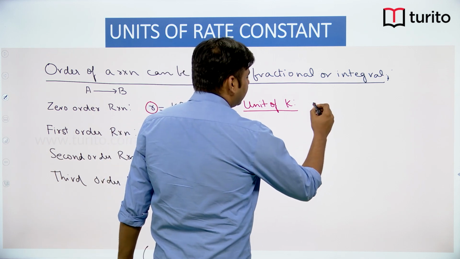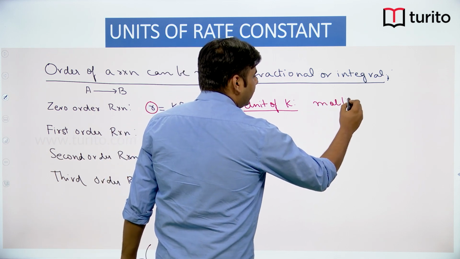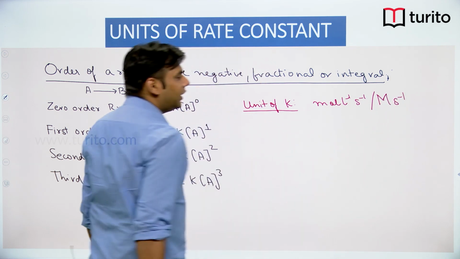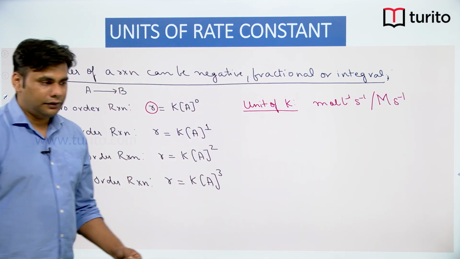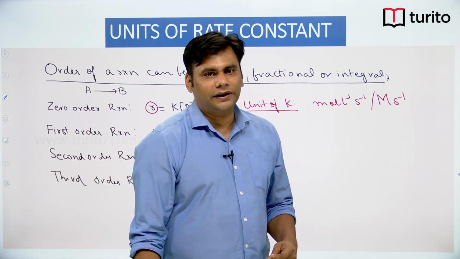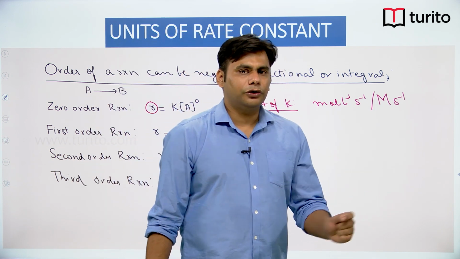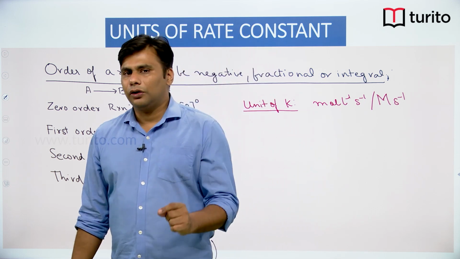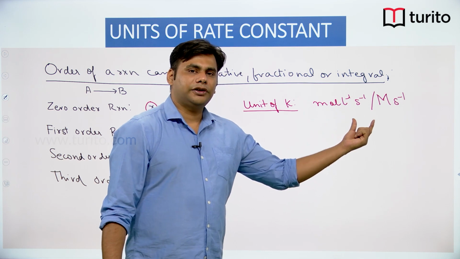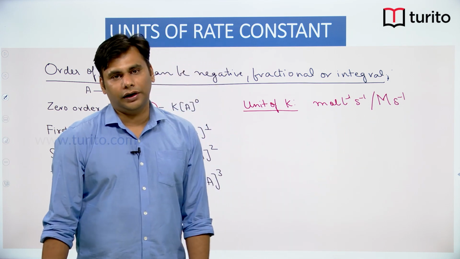So the unit of K in this case would be moles per liter per second or molar per second. Sometimes in a question you have not been given the order of the reaction directly. Somehow if you read the question, in the data the unit of the rate constant would have been written as mole per liter per second, indicating that it is a 0 order reaction.